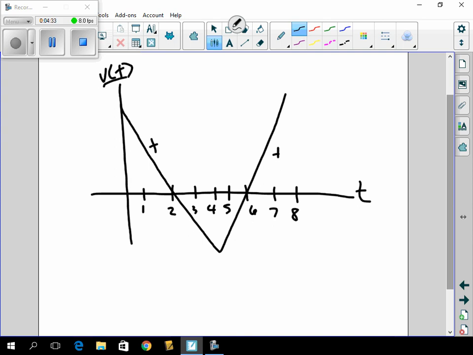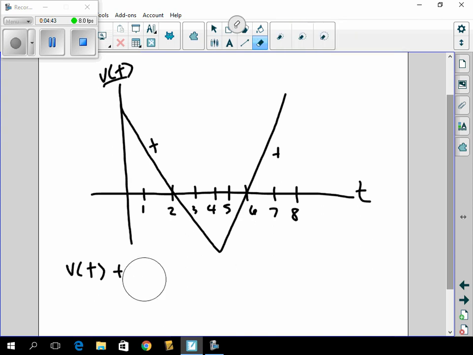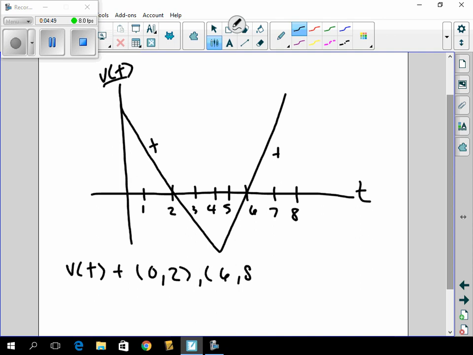This is our first derivative, so we're just looking at where our derivative is positive. So v of t is positive from 0 to 2, and then from 6 to 8. And my velocity is negative from 2 all the way to 6.